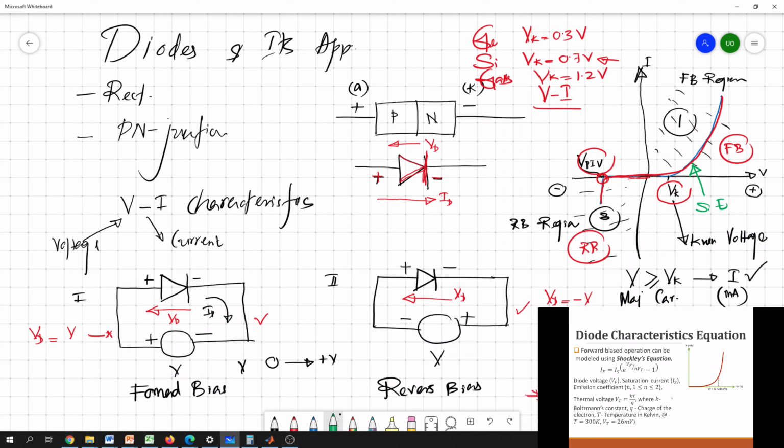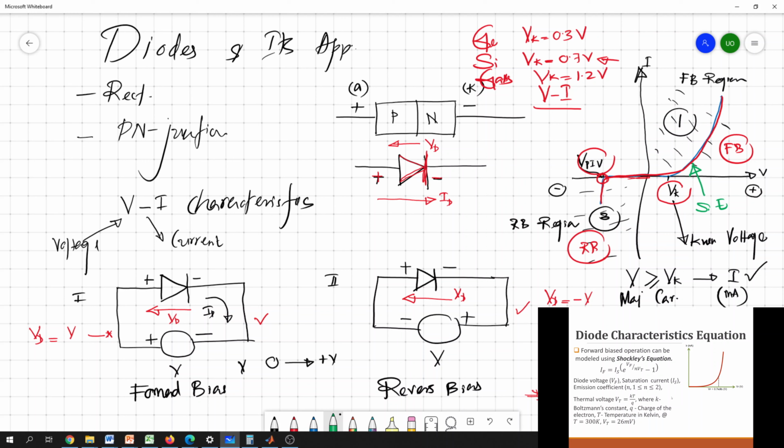We model this forward region using the Shockley equation, with the diode voltage, saturation current, emission coefficient, and thermal voltage. Based on these parameters, you can see a relationship between the diode current and the diode voltage.